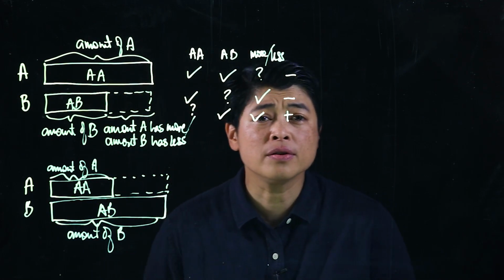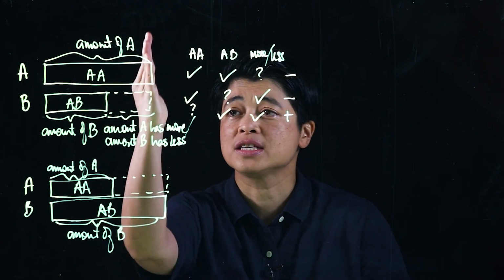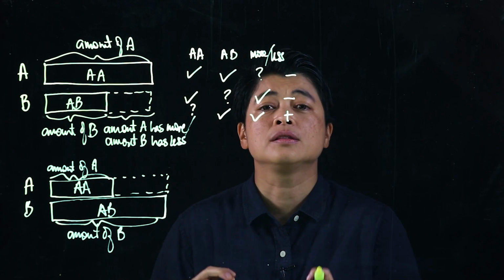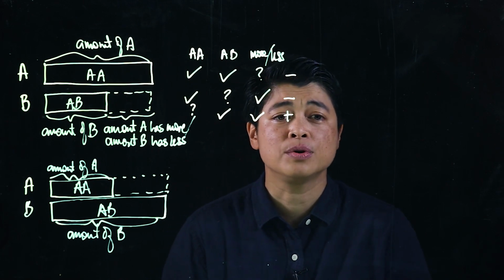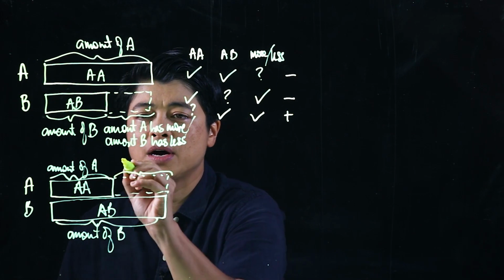If you follow the book, it actually doesn't have this dotted box. It just has a dotted line. So I suggest that we just continue with a dotted box so that the kids won't get confused.